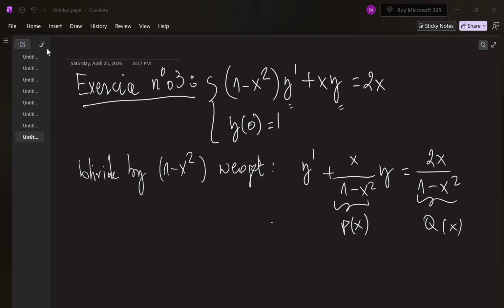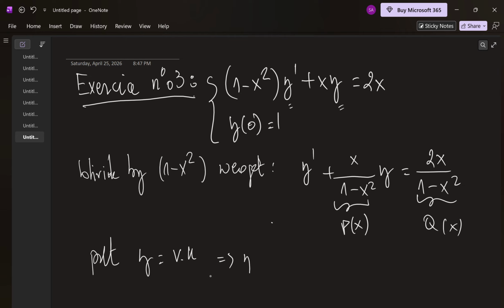So we continue. The first thing to consider is to put y is equal to v times u. This implies that y prime is equal to u prime times v plus v prime times u.